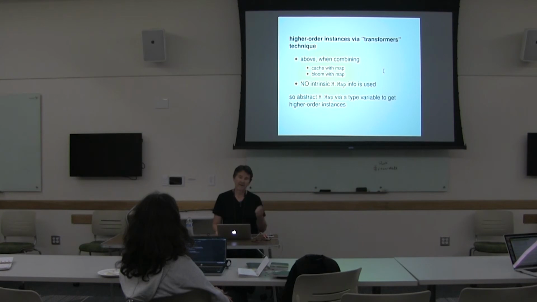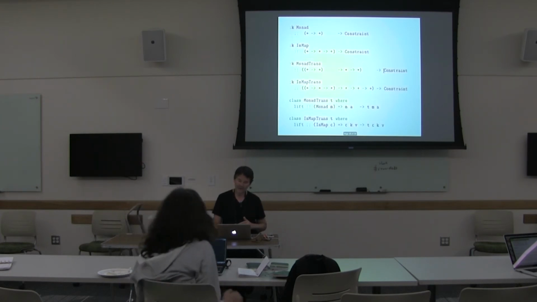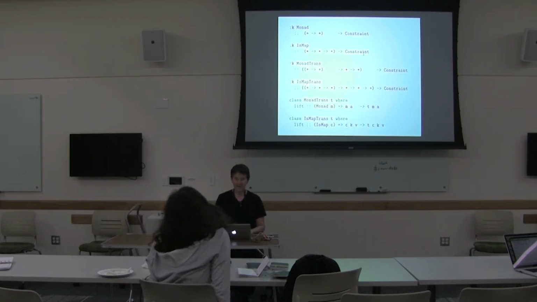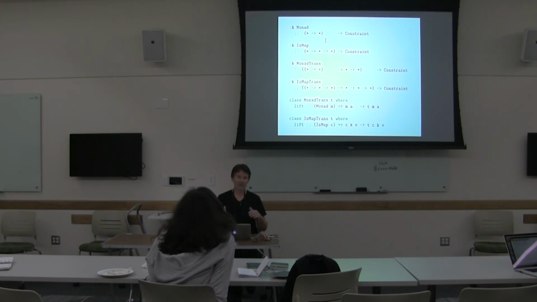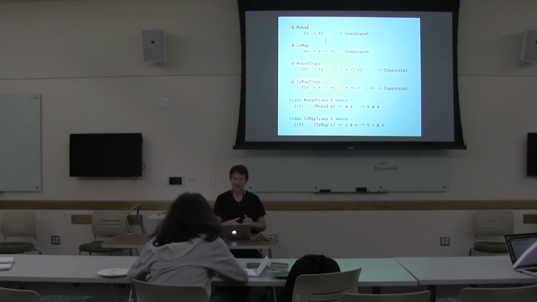So rather than specifying a very specific one, we're going to abstract the map type into a type variable and make higher order instances. So how do you do that? Once again, remember when we started this, we looked at the kind of map and the type of the insert operation.